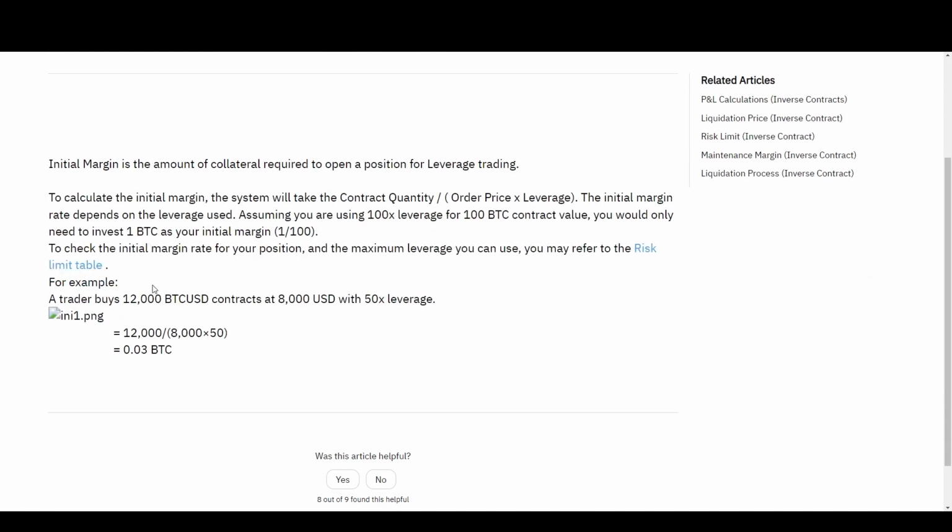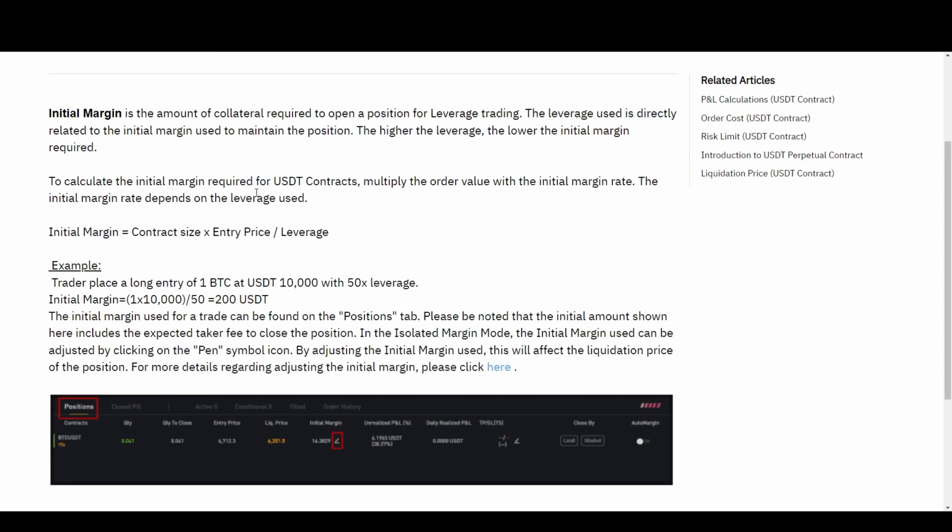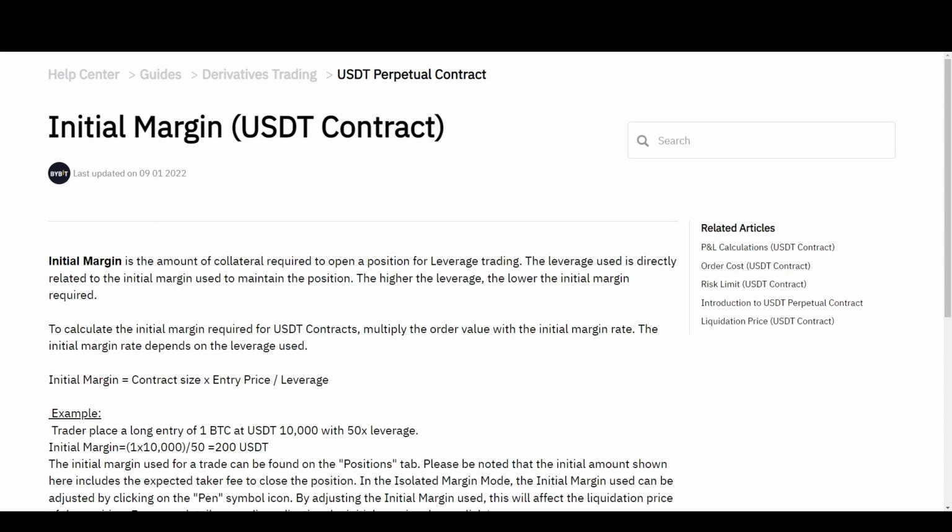To calculate the initial margin, the system will take the contract quantity divided by order price times leverage. So for USDT, it's contract size times entry price divided by leverage. For inverse, it's contract size divided by order price times leverage.